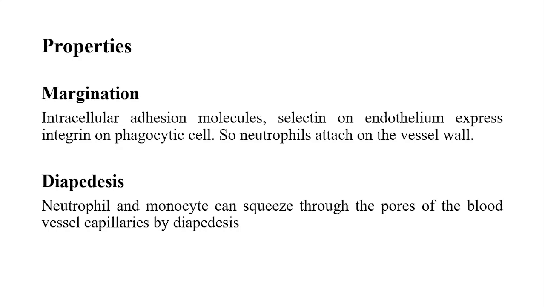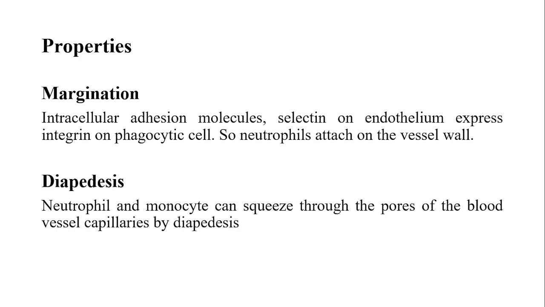Margination means that normally WBC, as they are also a blood cell, flow through the blood. But whenever they have to move from one place to another, as the defense system of our body, their main function is to protect our body from harmful environmental or other substances.